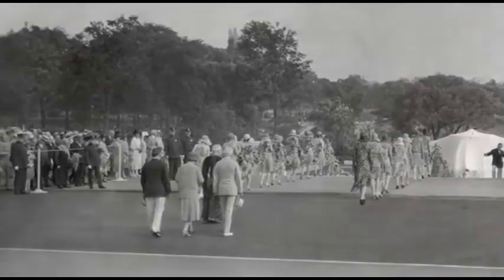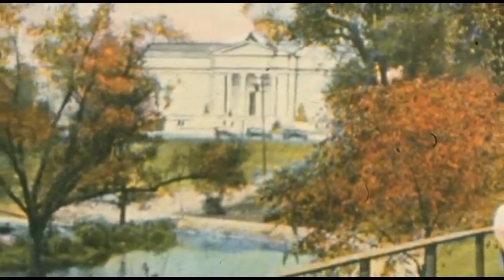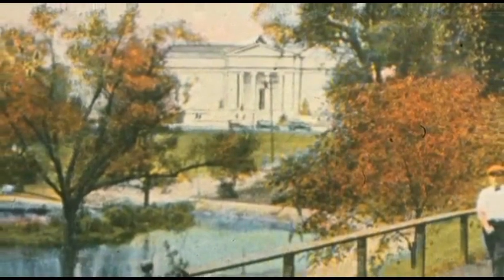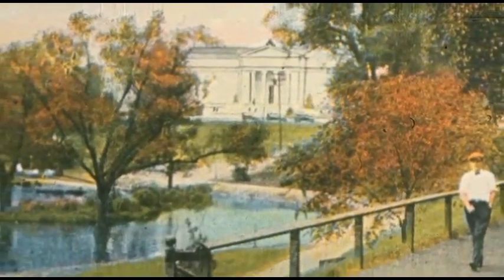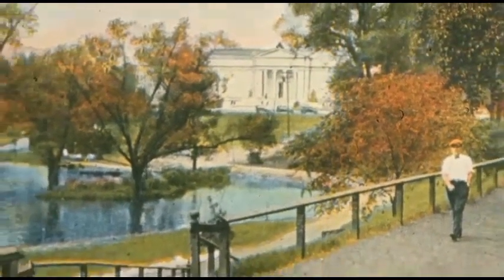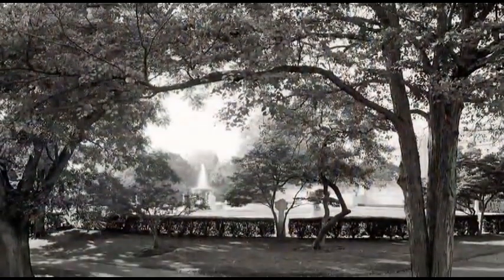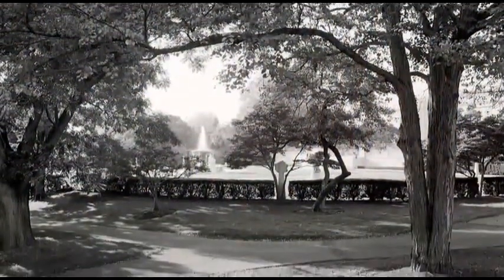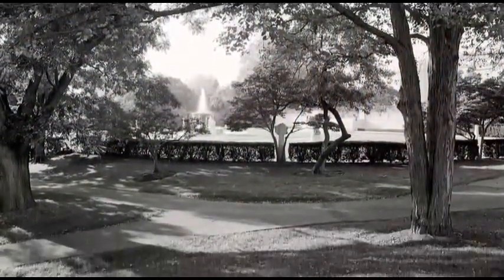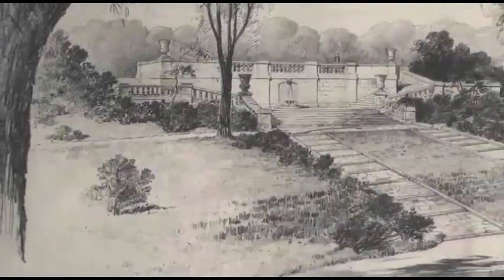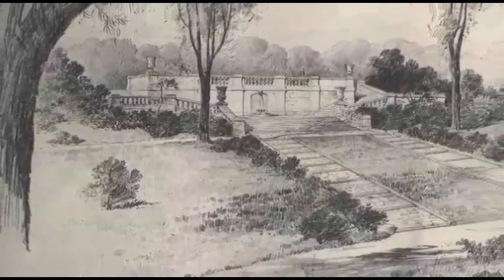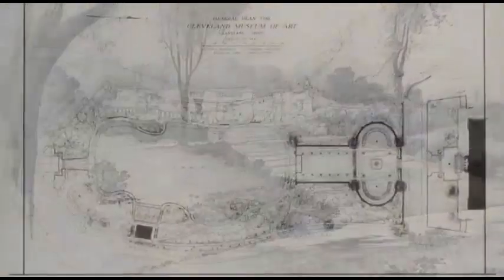And the museum was constructed on a piece of land that was donated by Jephthah Wade II. The Fine Arts Garden is on a piece of land that was part of a very large gift to the city that was made many years earlier by Jephthah Wade II's grandfather, Jephthah Wade.